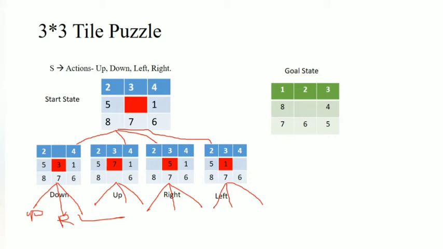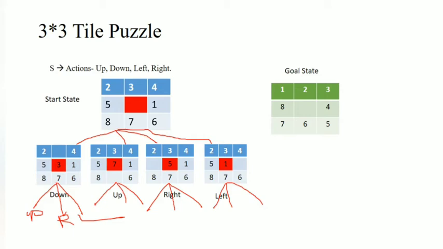For that, you define all the possible actions. If you consider the start state here, you can move tile 3 downwards, or you can move the numbered tile 7 upwards. The other action is that tile 5 can be moved to the right side, and tile 1 can be moved to the left side.